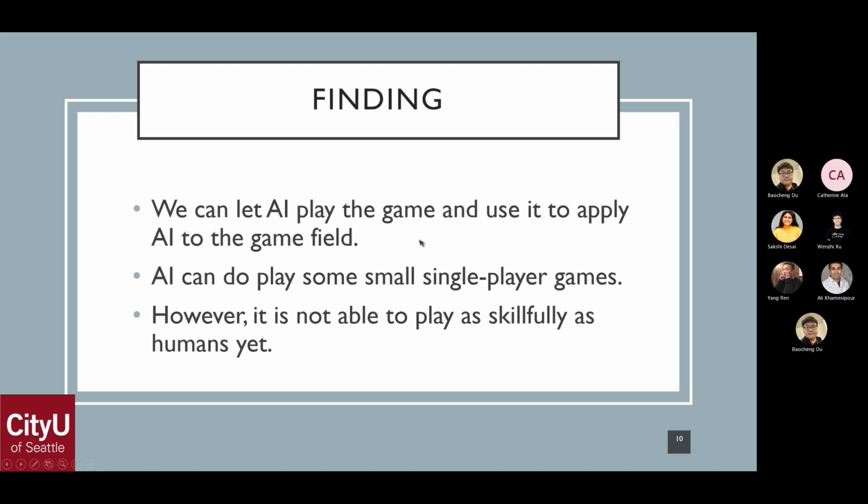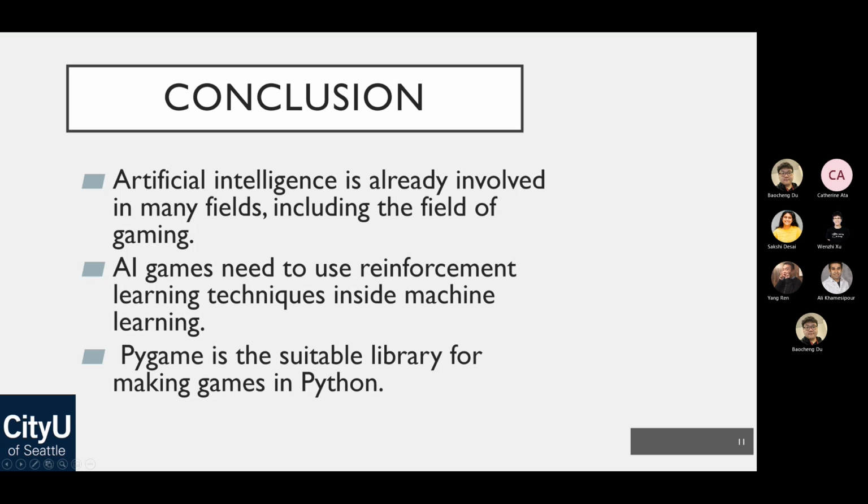So to summarize what I did in the whole project: first, we know that AI is already involved in many fields, including gaming, and people can train AI to play games to improve the AI's skills.